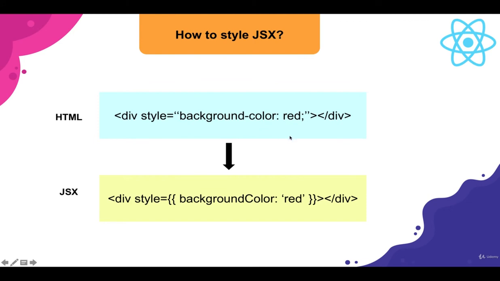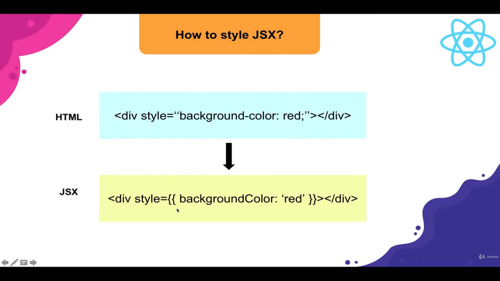Okay, so in this example, we've got a div with an inline style of background color red. In order to apply that to JSX elements, we're going to change the syntax just a little bit. So we're still going to say style equals, but after that, we're going to place two curly braces in a row. The outer curly brace right there indicates that we want to reference a JavaScript variable inside of our JSX.